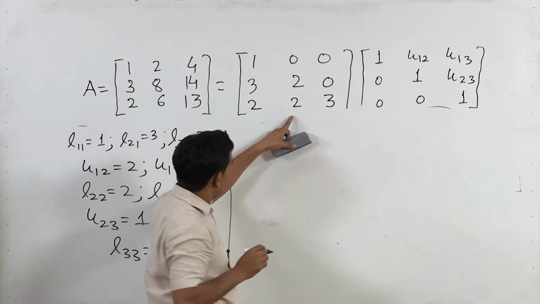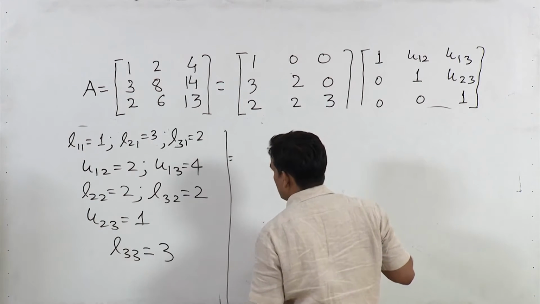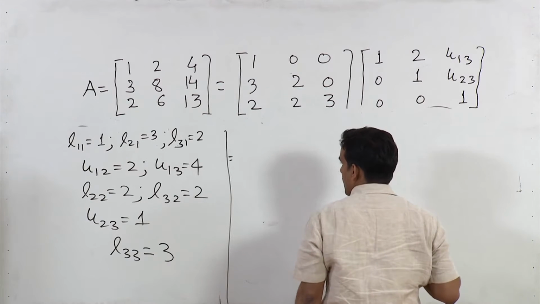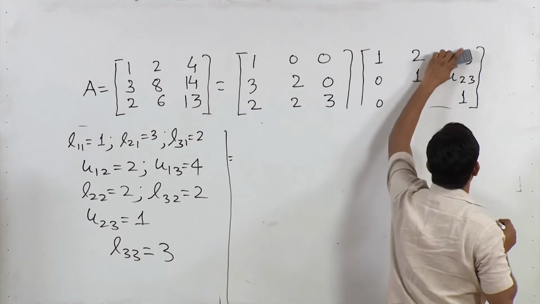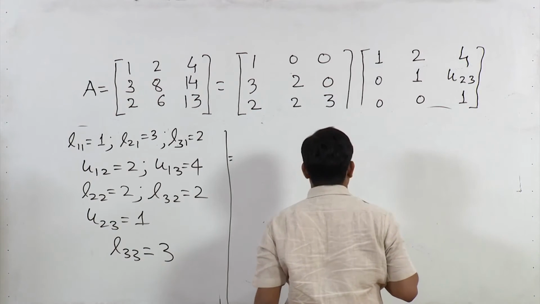So this is the lower triangular matrix, and the upper triangular matrix is U12 is 2, U13 is 4, and finally U23 is 1.